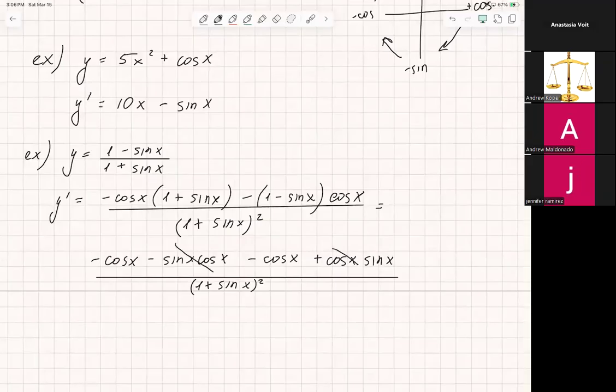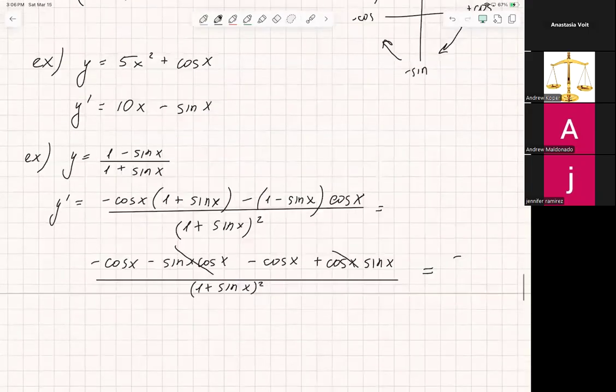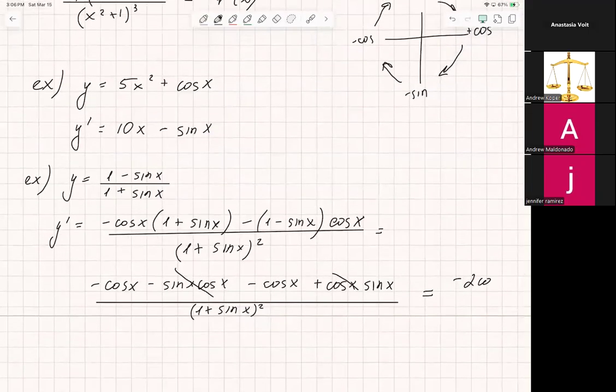So these are gone. And we have just negative 2 cosine x over 1 plus sine x squared. So you can leave it like that. I don't need you to do anything else with that. Okay?